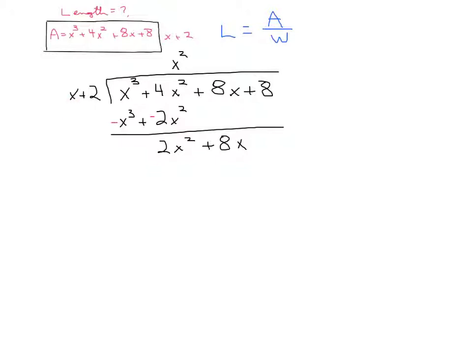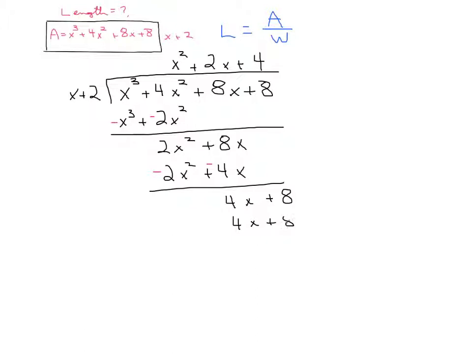X goes into 2x squared 2x times. Change the signs and add, and we get 4x, and we bring down the next term. And then x goes into 4x 4 times, and we get a remainder of 0.